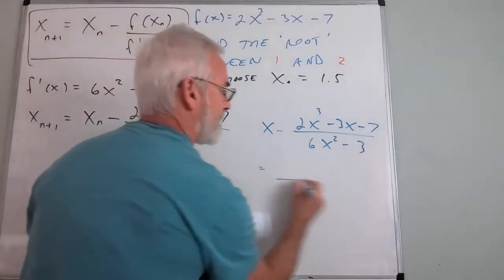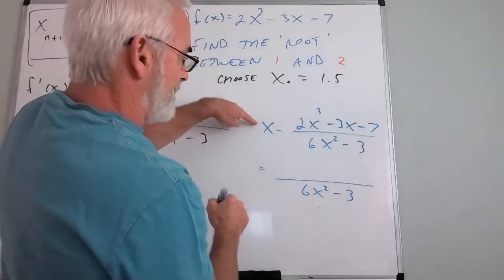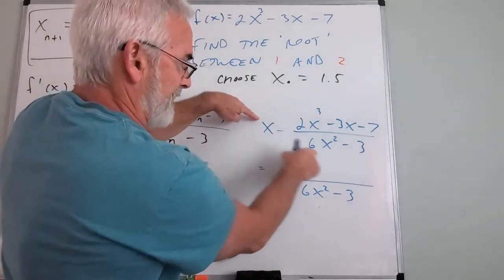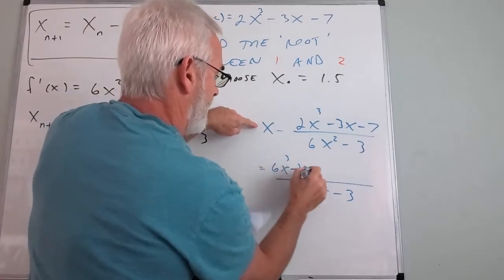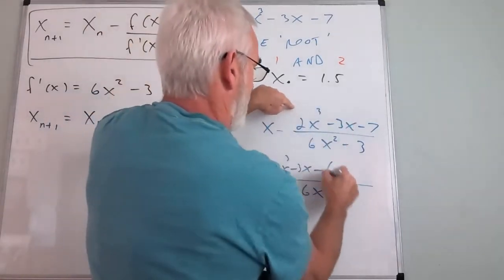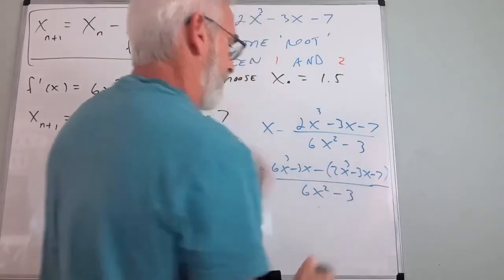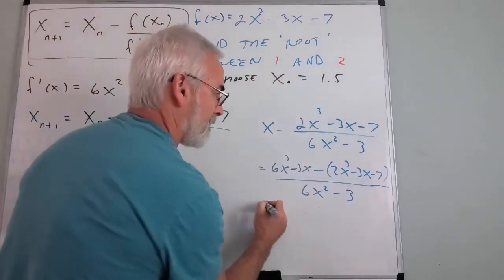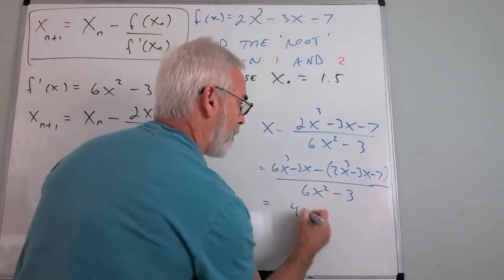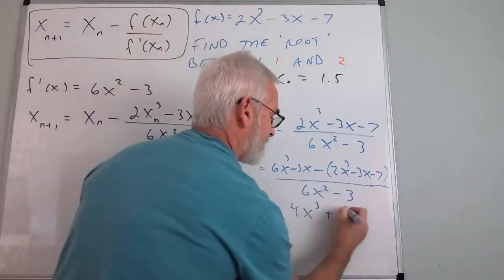If I put it all over a common denominator, then I'd multiply top and bottom by 6x squared minus 3. So that'd be 6x cubed minus 3x. And now I'm going to subtract that whole quantity. I think we all agree this is what it would look like if I put it over a common denominator. Now when I distribute on top, I'm going to get 4x cubed. These will cancel. I'll get plus 7.